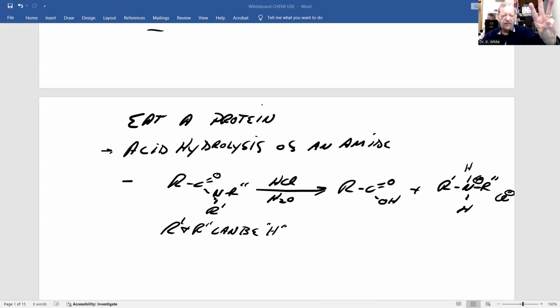And for test 3, you learn that an amide with HCl and water, acid and water, you get back the carboxylic acid you would have used to make that amide, plus the amine salt. Remember, amines are basic. In the presence of acid, it forms the amine salt of the amine you would have used to make that amide.